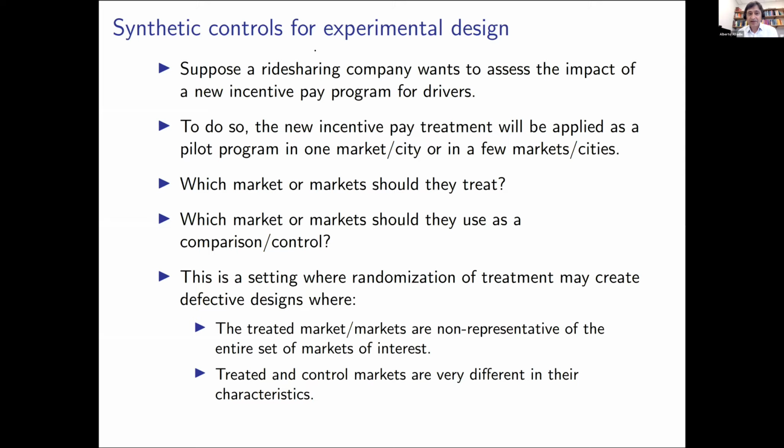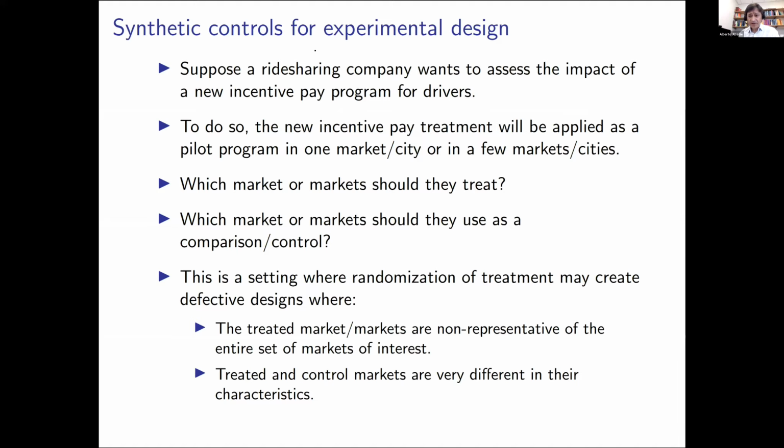Suppose that you are in a ride-sharing company, something like Uber, and you are thinking about a different compensation plan for workers, for drivers. You think, okay, we have the usual compensation scheme and a new one, perhaps with higher incentives to drivers. And which one are we going to use? You are in the business analytics unit of this company.